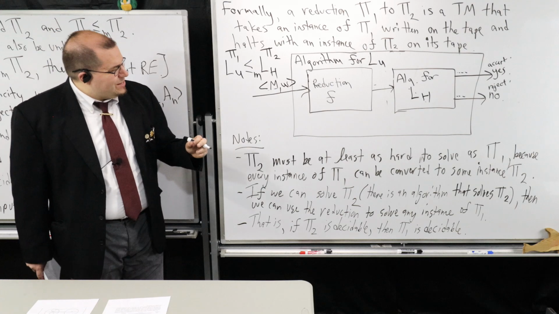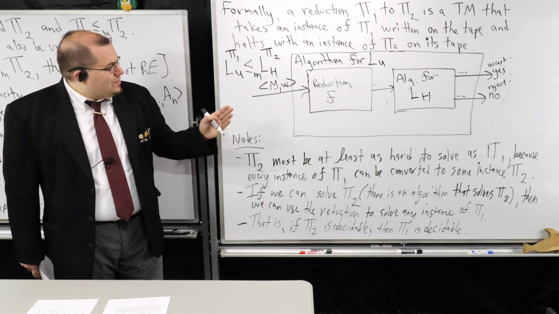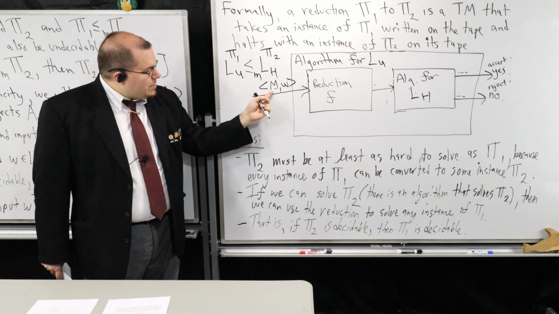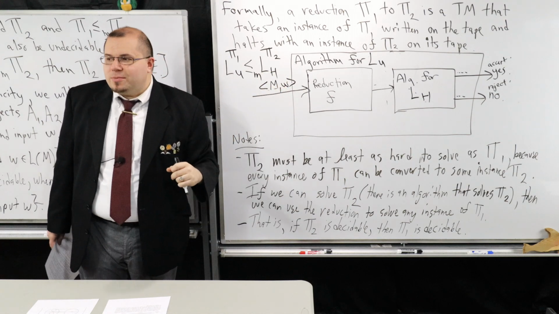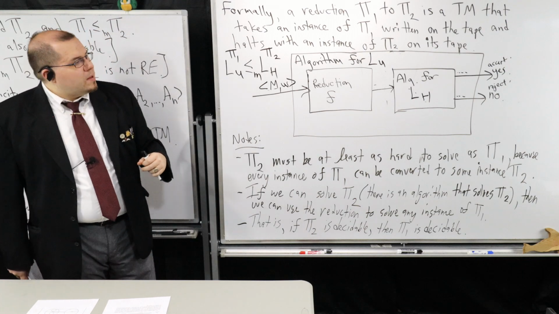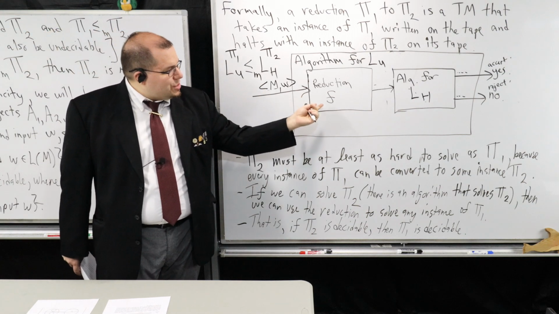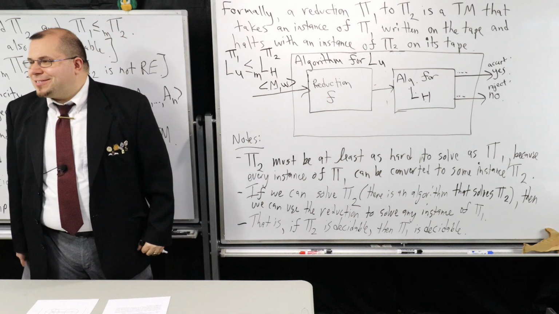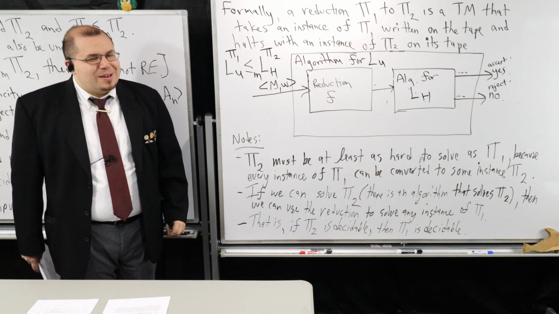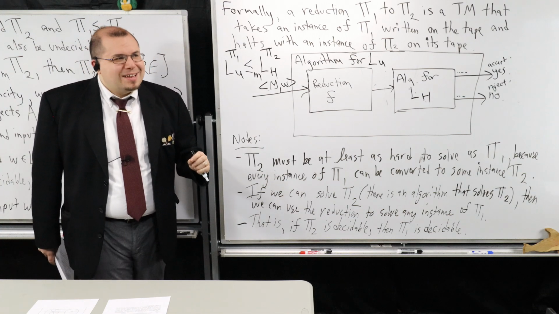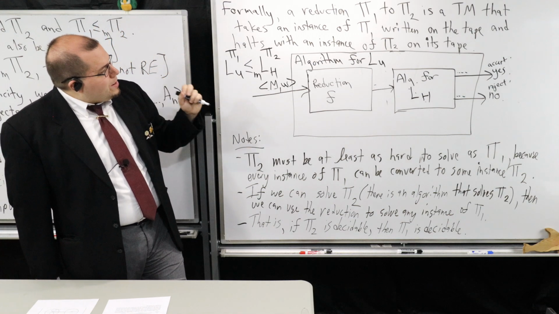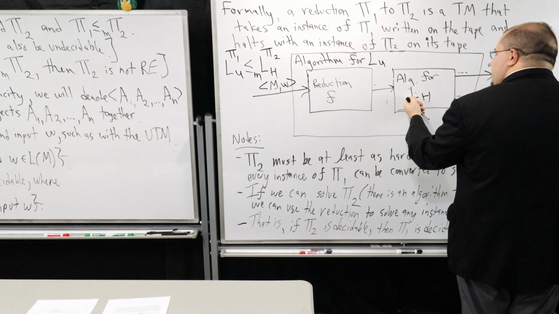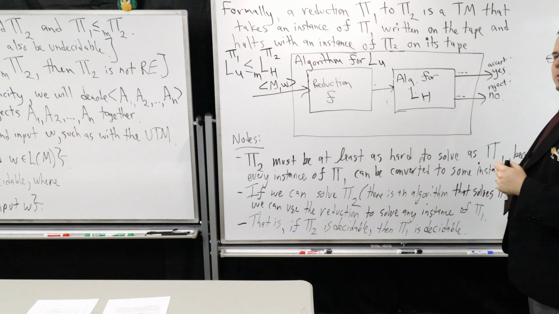Don't be shy. So I know that for the universal language, I'm getting a machine and some input. I use this reduction. What should be on the tape when I'm done? Yeah, so what is it though? What should be fed to the algorithm for the halting problem?